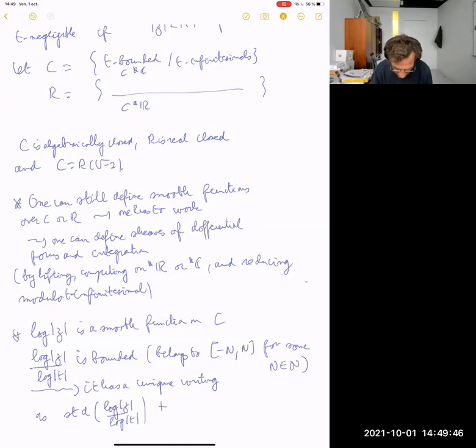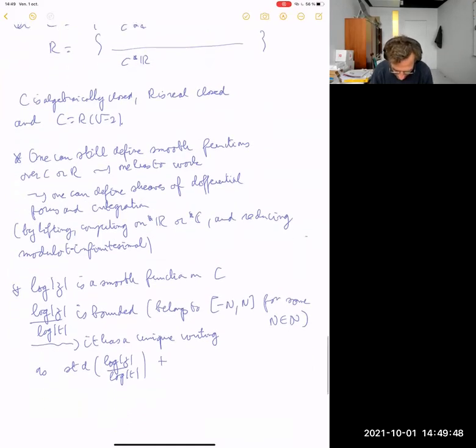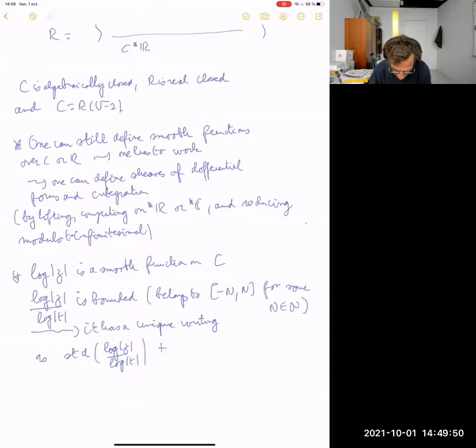plus an infinitesimal, plus epsilon, which is infinitesimal. I will use absolute value if these are not real but complex.